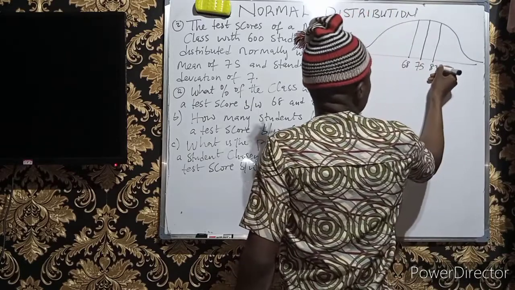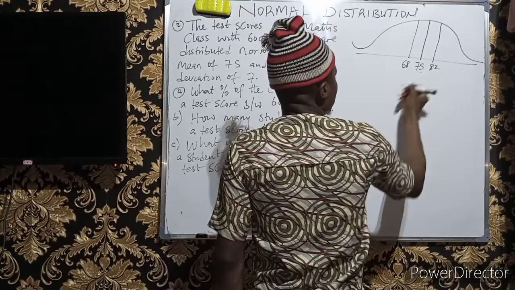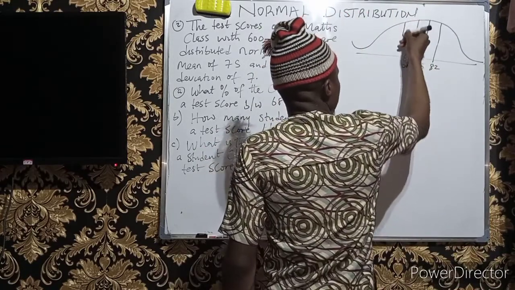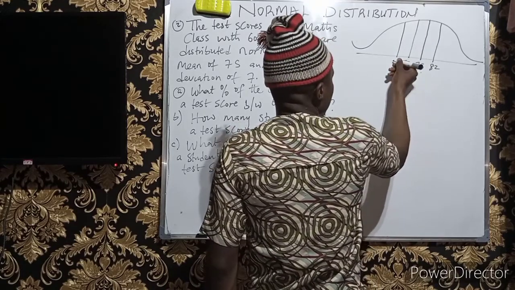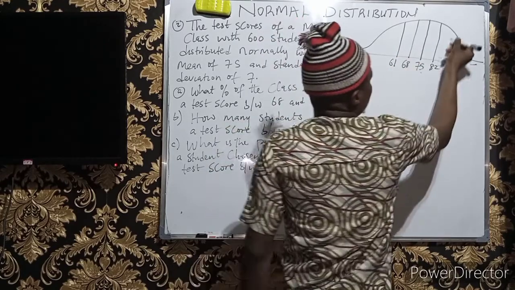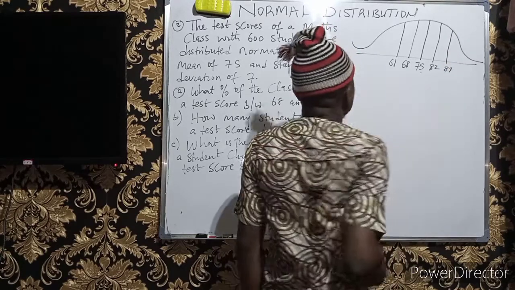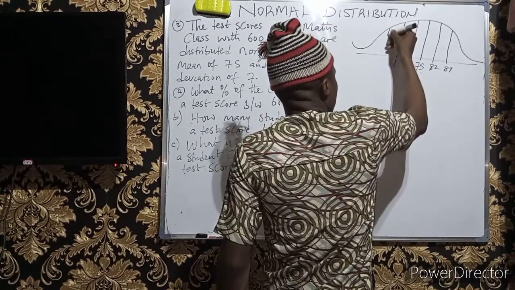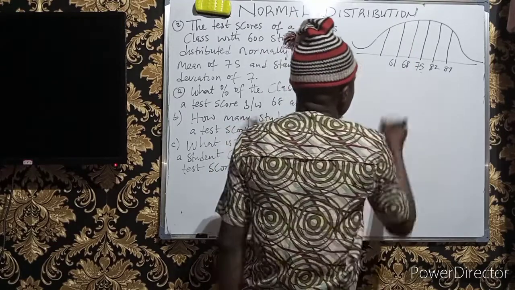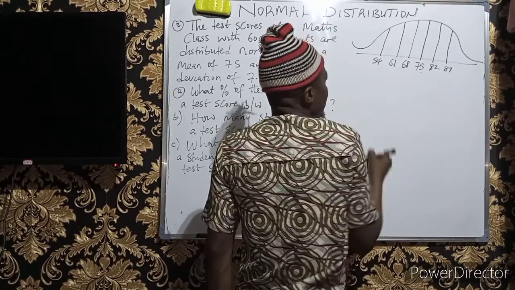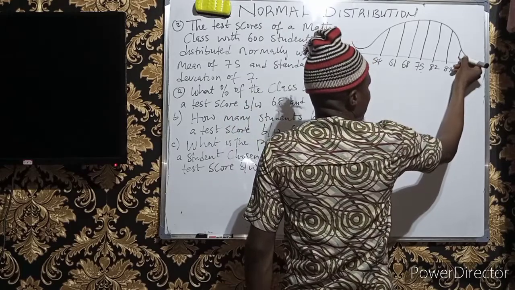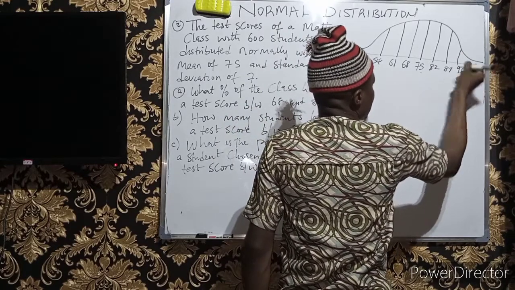This will give us 82. The second deviation will be minusing 7 again. This will be 61. To the positive, I'll add 7. It will be 89. A third deviation again, it will be 54 when I remove 7. If I add 7 again, I will get 96.